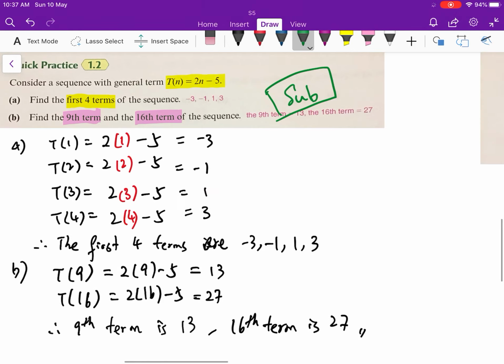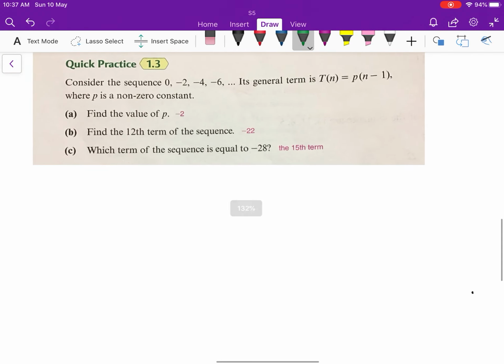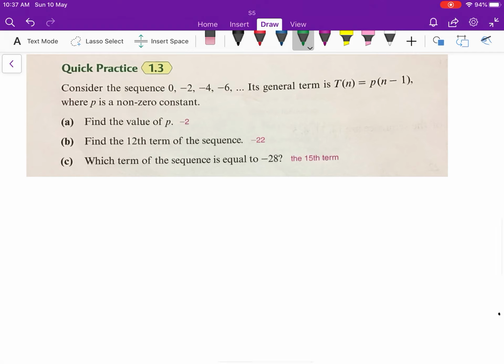Got it? Now we go to the next quick practice. This time, they give you a general term and also a sequence. Remember, they are coherent. Now the A part asks: find the value of P. What can we do? Just try to start with T1.